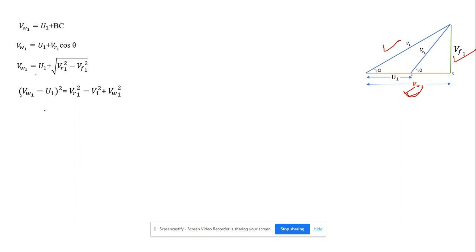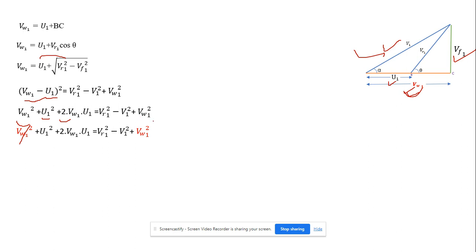Also Vf1 square equals Vr1 square minus (Vw1 minus U1) square, so Vr1 square minus (Vw1 minus U1) whole square equals V1 square minus Vw1 square. We can expand (Vw1 minus U1) whole square: Vw1 square plus U1 square minus 2 Vw1 U1 is equal to Vr1 square minus V1 square plus Vw1 square.